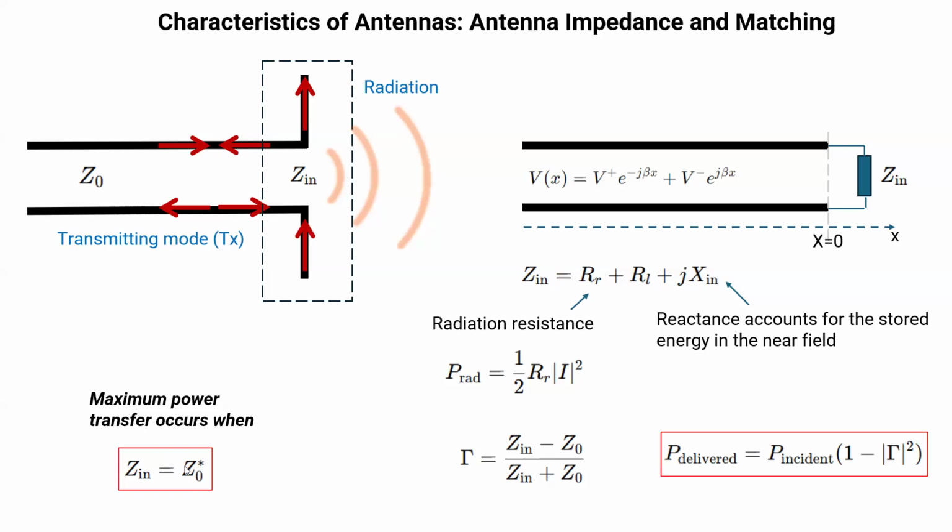But typically, the transmission line characteristic impedance is real valued, so these two simply must be equal.